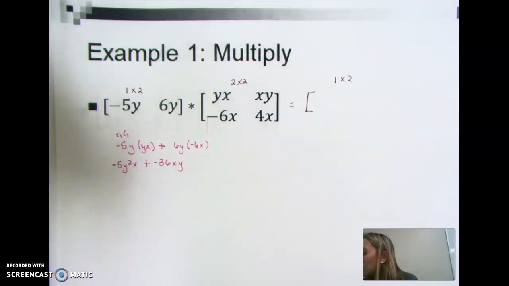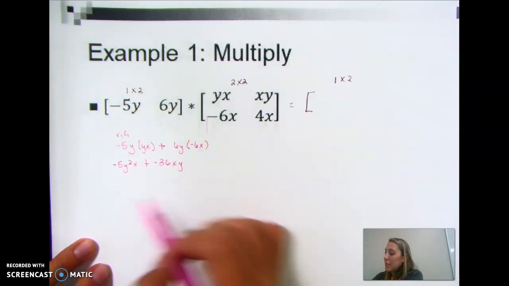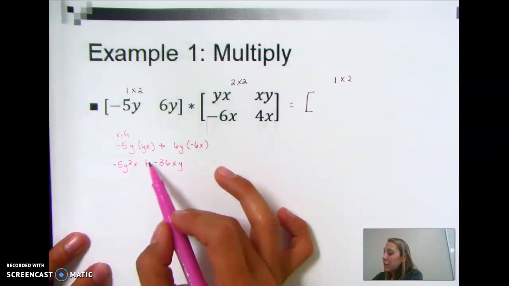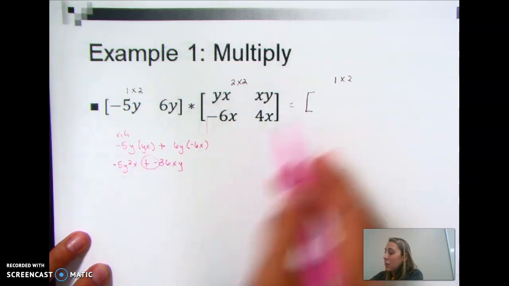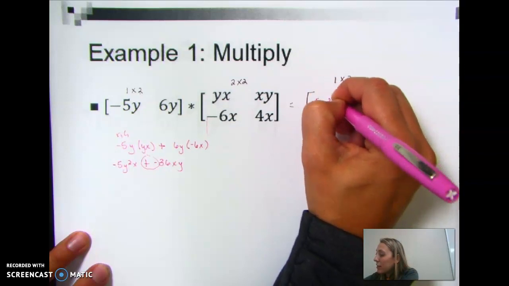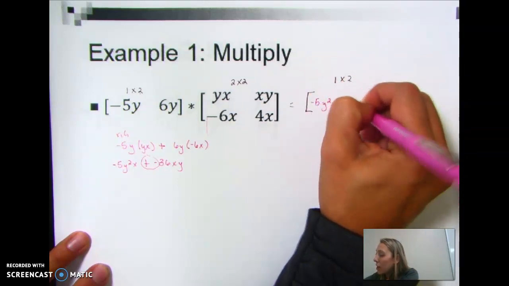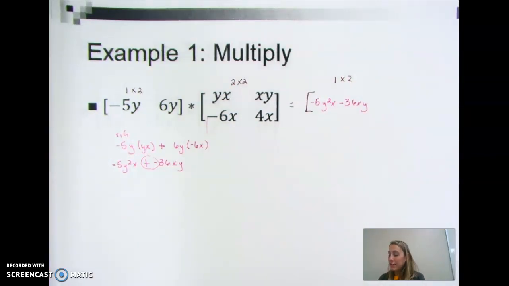Y times y is y squared times x. There are no like terms that I can combine, so I'm going to simplify this and write my first term. So I have negative 5y squared x minus 36xy.